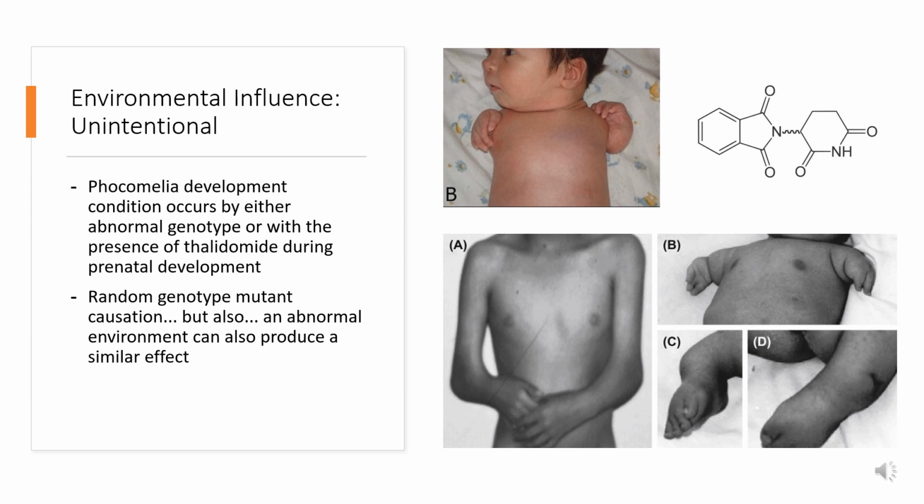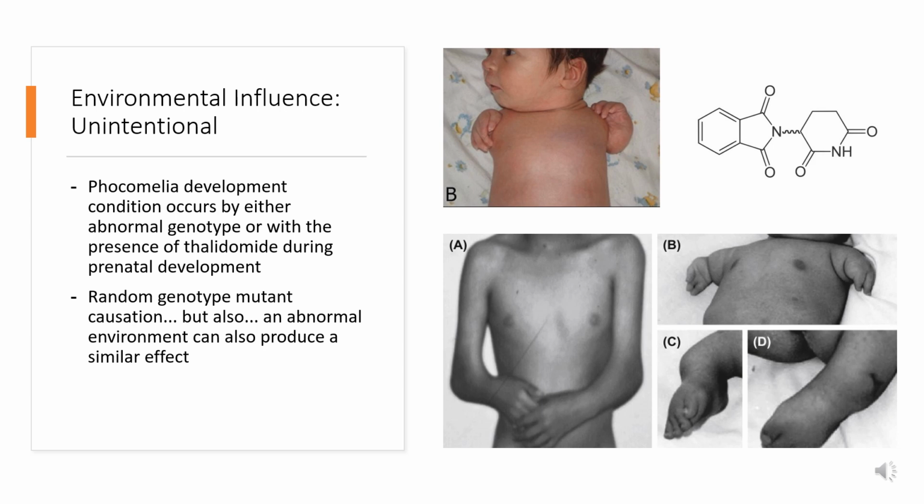This condition occurs in two ways. First off, it can be a result of an abnormal genotype in which random genotype mutations occur. And the second cause is with the presence of thalidomide during prenatal development.